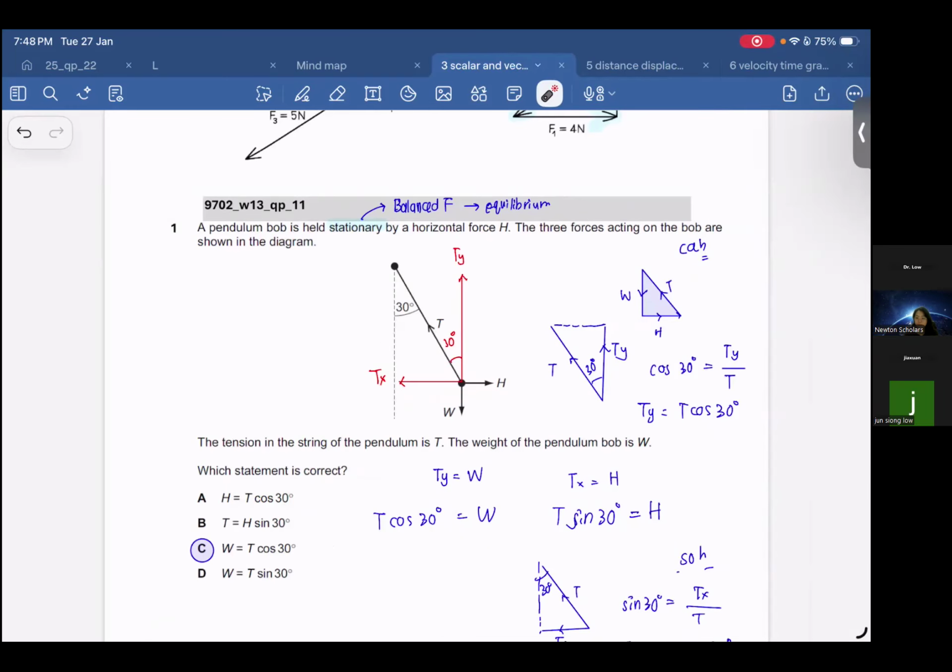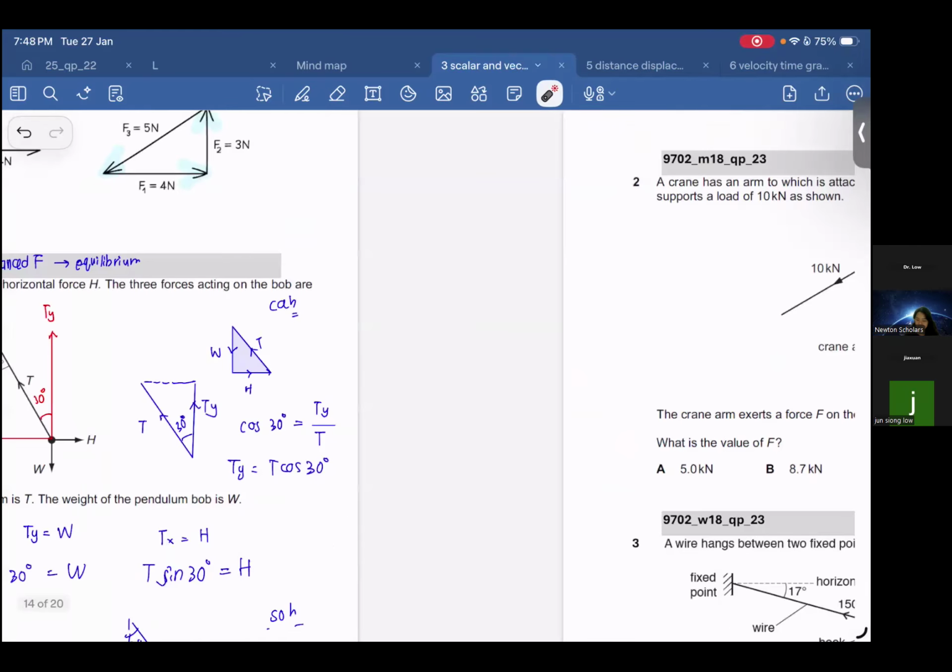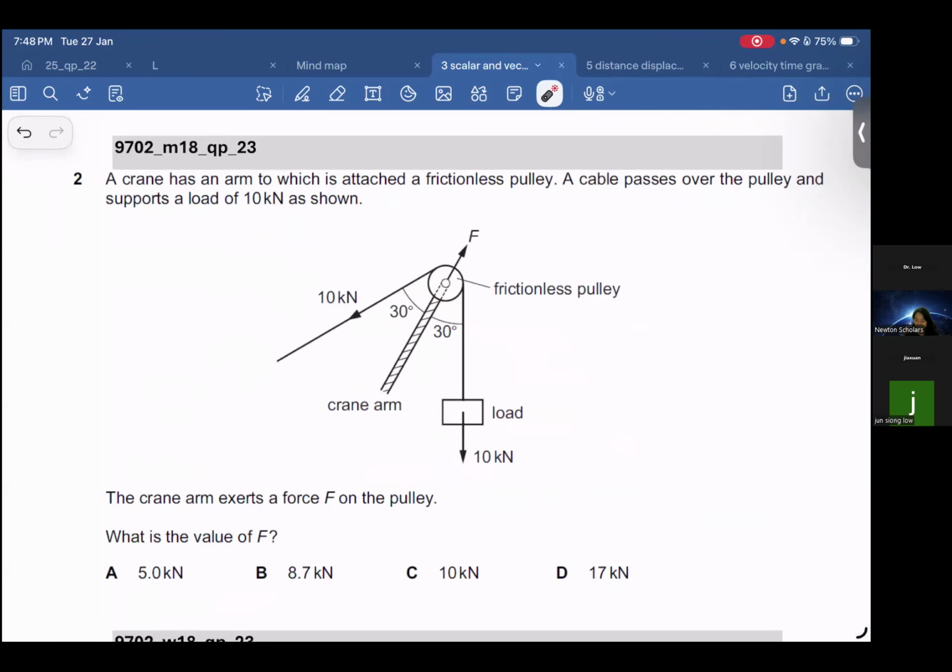Okay, we go to question number 2, and then we try, dear. Here, you look at this. They're holding a load. So there is a force here. That means that this one is a force? Yes. It has an arm which is attached to the pulley, then a cable. Here, how do we solve this kind of question?